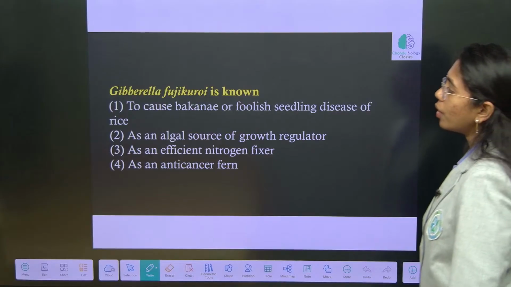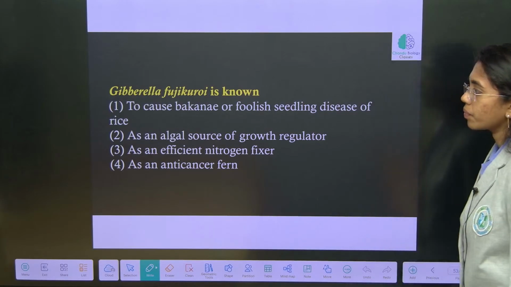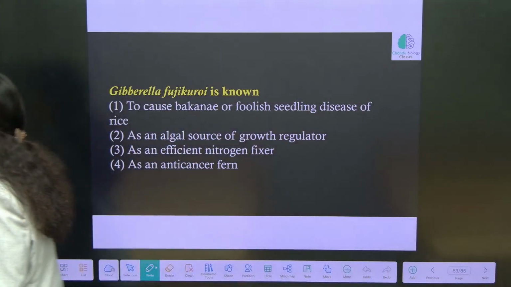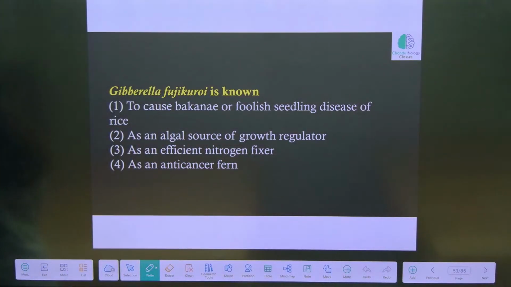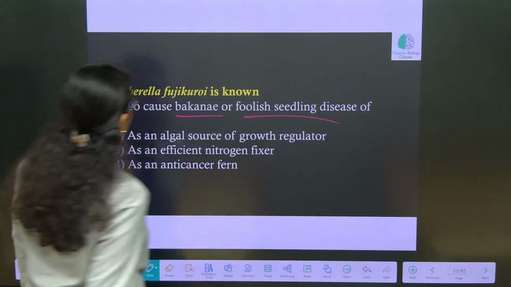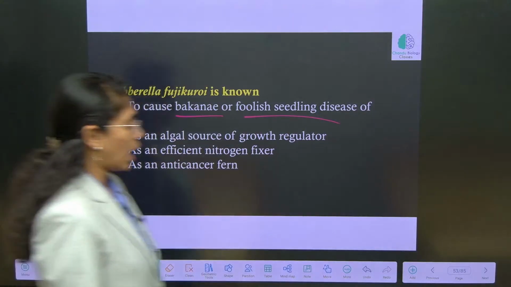Gibberella fujikuroi is known as... Gibberella fujikuroi is known to cause Bakanae or foolish seedling disease in rice plants.